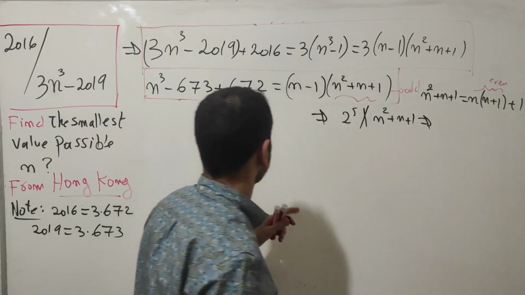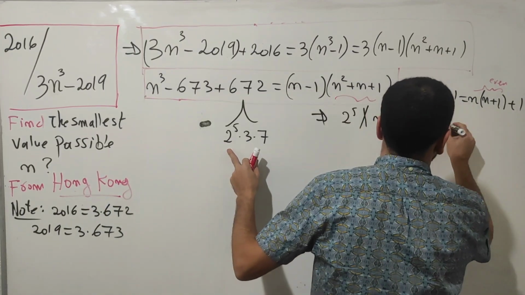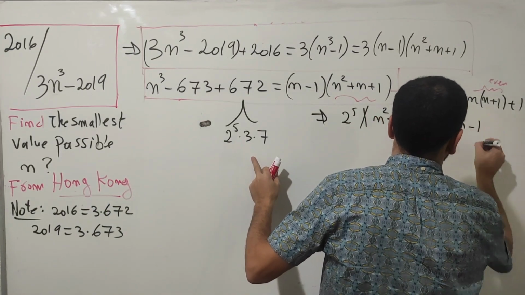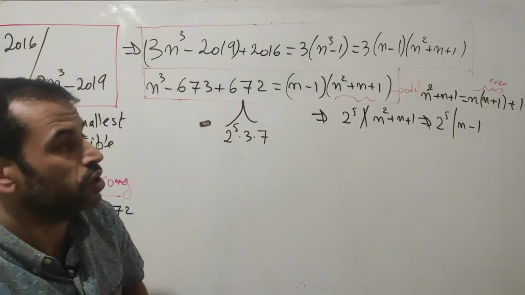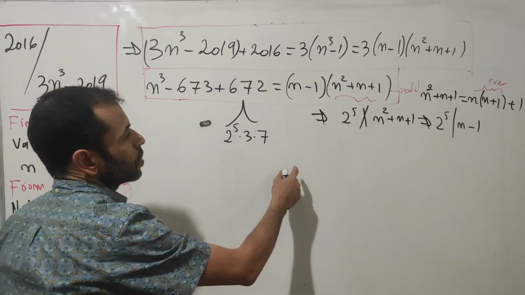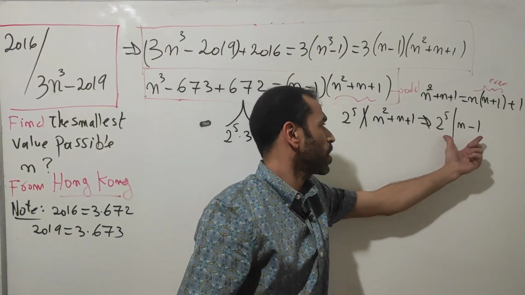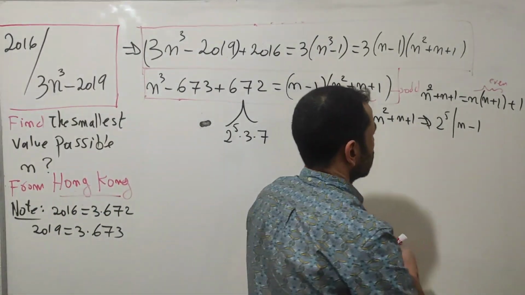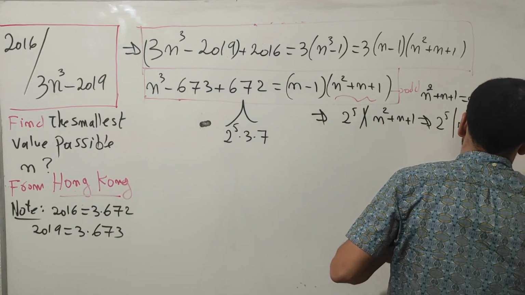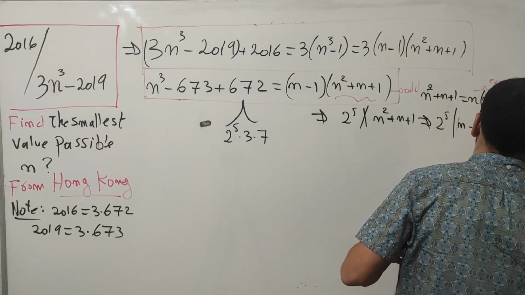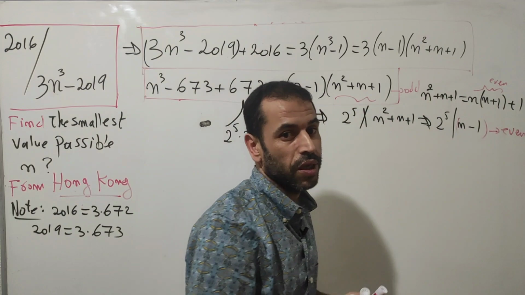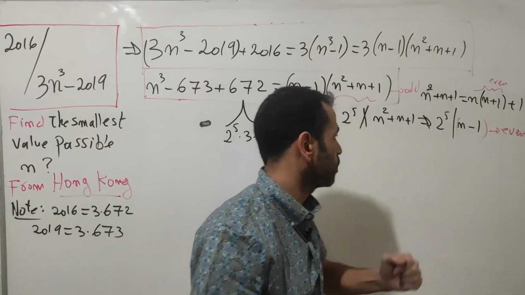This immediately tells us that 2 to the 5th divides n minus 1, because there is no other choice, this one or this one. What does it mean that 2 to the 5th divides n minus 1? This term must be even, because an even number cannot divide an odd one.